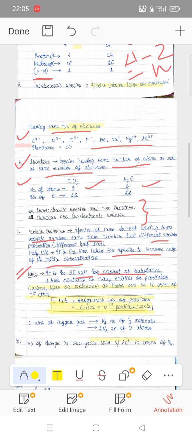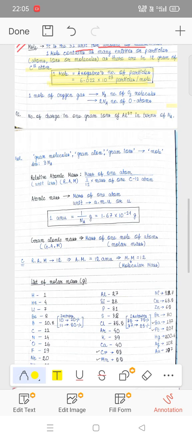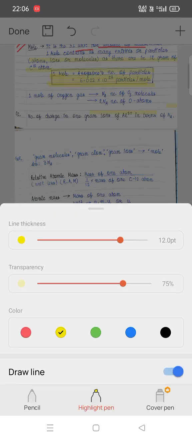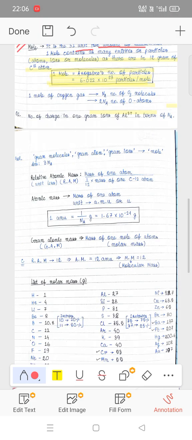Now there is a question: the number of charges in 1 gram ion of Al3 plus, aluminium 3 plus, in terms of Na. This is the answer, that is 3Na. How?